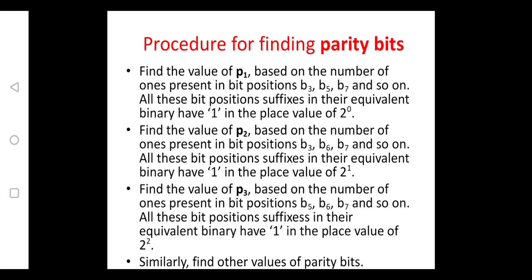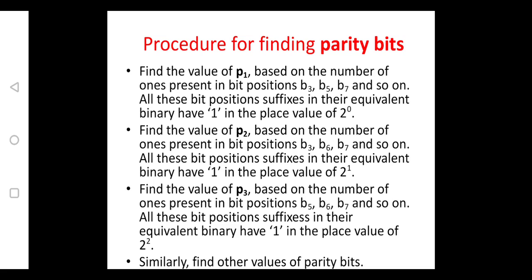So 2 power 0 is 1, 2 power 1 is 2, 2 square is 4. As we have 3 parity bits, the first parity bit should be placed at position 1, the second parity bit at position 2, and the third parity bit at position 4, because 2 square is 4.